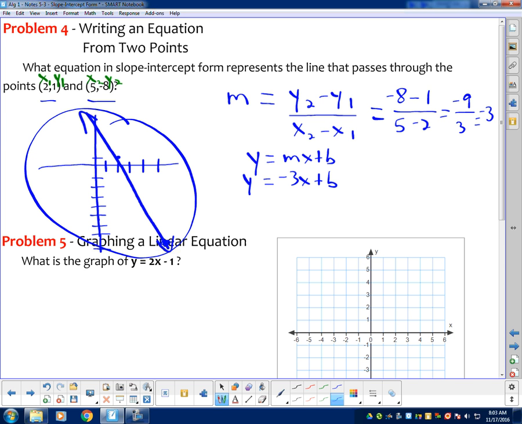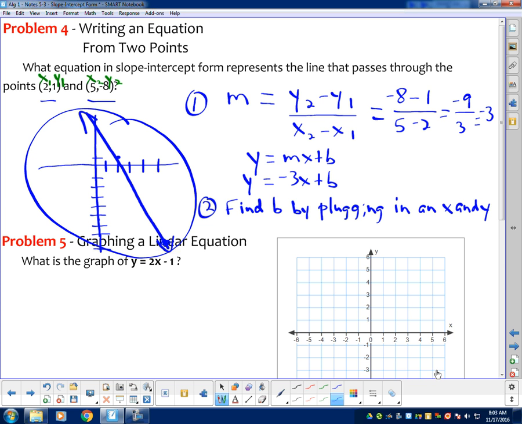So there is a process we can use for finding the b. We're going to call finding the slope step 1. Step 2 is going to be find b by plugging in an x and y.